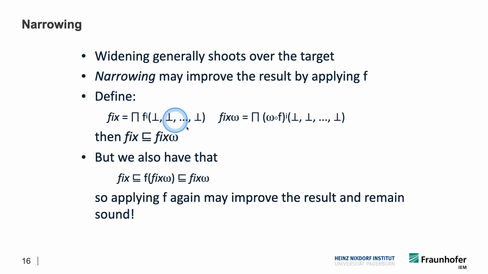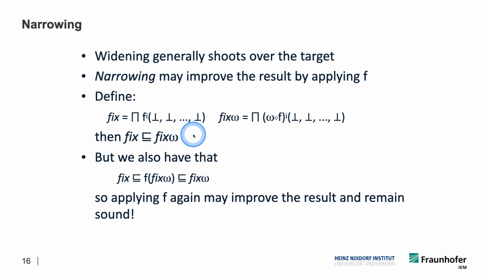And then we have our widened fixed point, so to say, fix omega, which is the same, except that on the left-hand side, we're applying omega at every single iteration, like you see here, right? And like I also previously defined already.